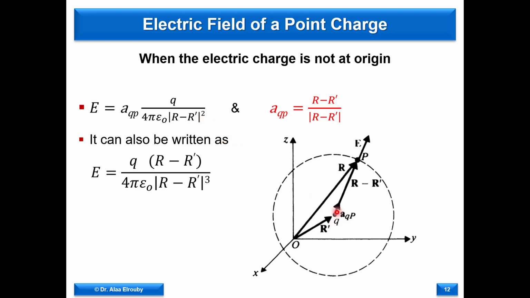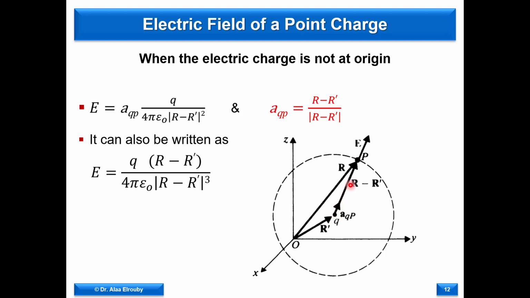We can express this vector here to equal r, the position vector to the observation point, minus the position vector to the charge. So from this point to this point, from vector algebra, it equals this vector plus this vector.